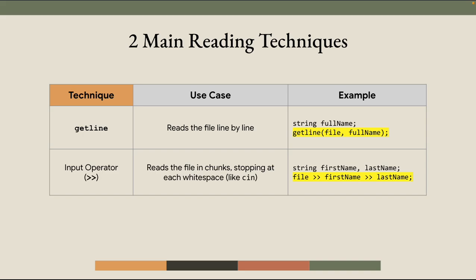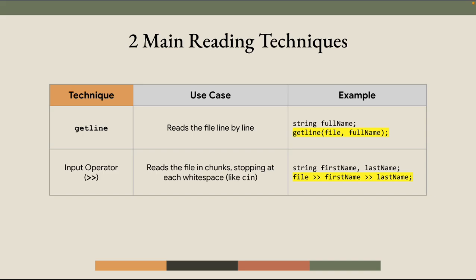And likewise with the input operator, we have to have a variable for each value that we have. Both of these are working with full names. The first one, we're taking the whole full name and storing that in the variable. In the second case, we're separating first name and last name into two different ones, just like we've seen with cin. If they enter two different values separated by a space, we're gonna store them in different buckets.